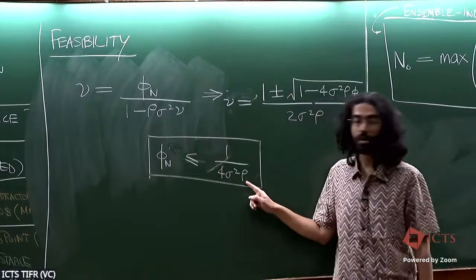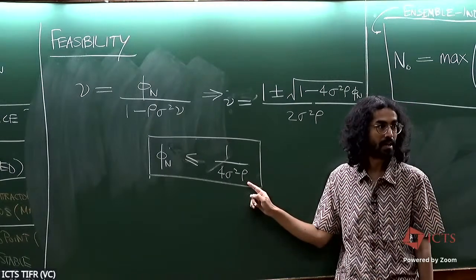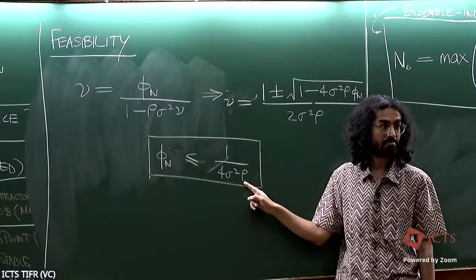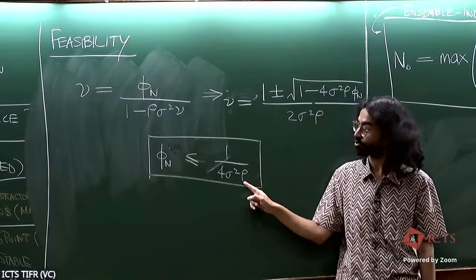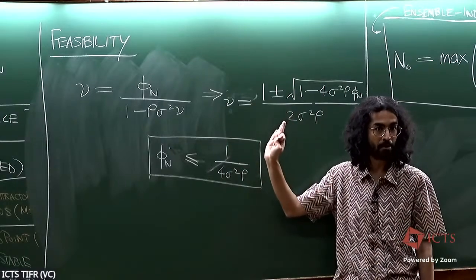Notice that there's only one way to avoid this. Again, what is that? You make rho 0. If you make rho 0, this is not a bound anymore that's relevant.